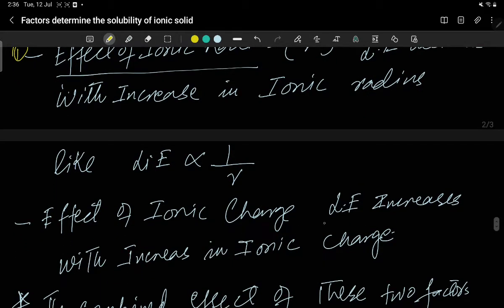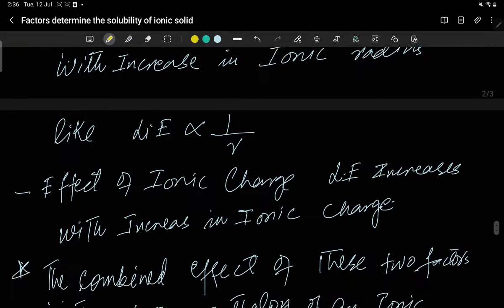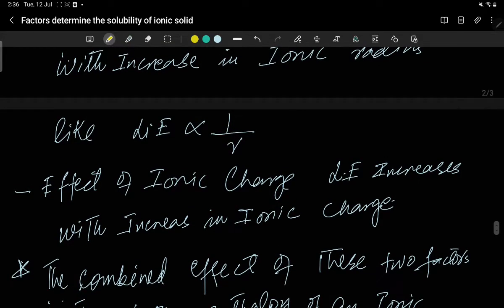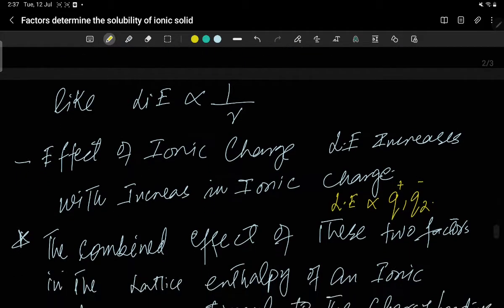Effect of ionic charge. Lattice energy increases with increase in ionic charge as lattice energy is directly proportional to the charge of ions, Q positive and Q negative.